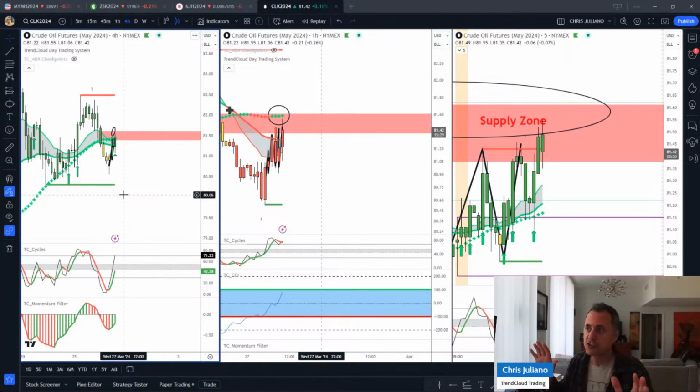This is still discretionary trading, but you want to be able to take those classical charting patterns and put them on your chart in a very visual way so that you can capitalize on those classical charting patterns. You can capitalize on those supply and demand zones. That's what you want in a trading system.